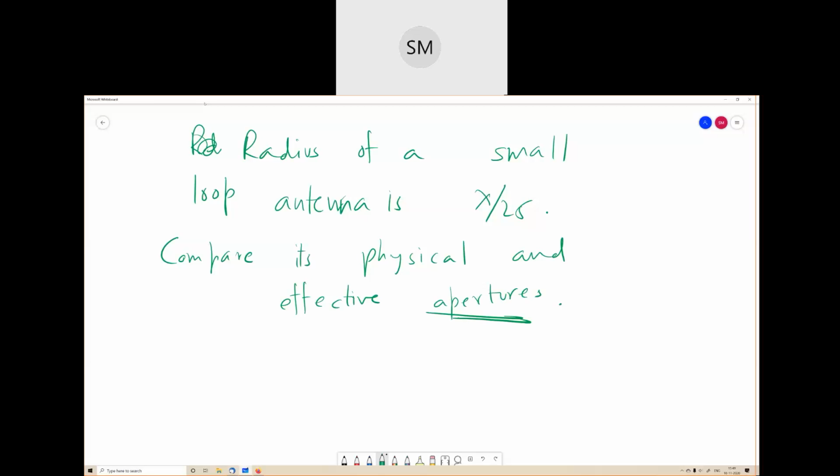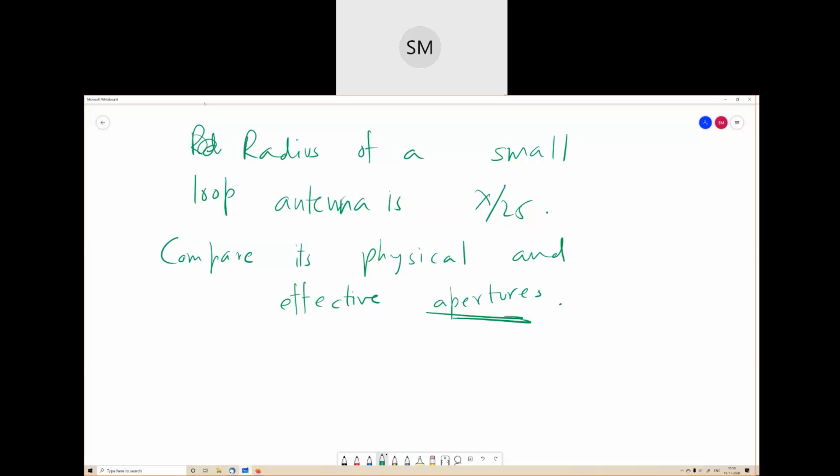How to calculate the physical aperture of the antenna?